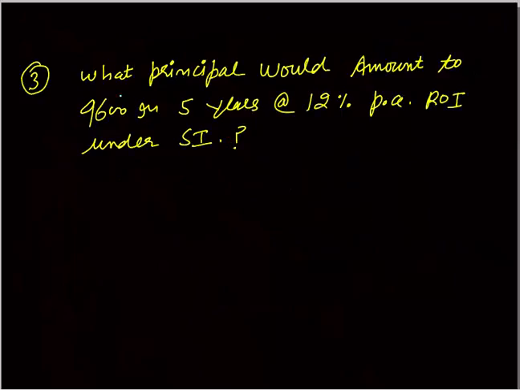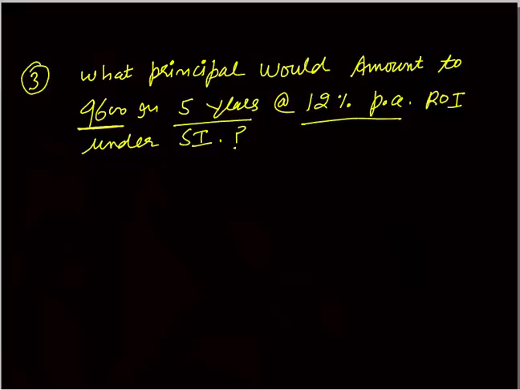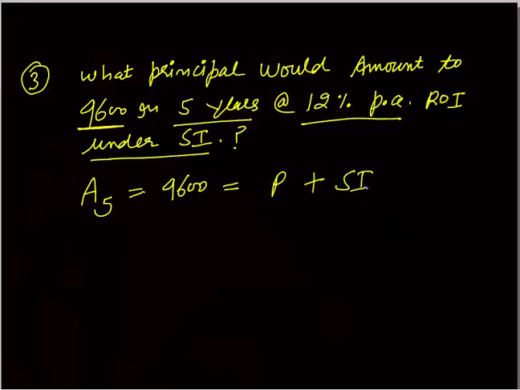The next question is, what principal would amount to 9,600 in 5 years? Rate of interest is 12% per annum under simple interest. We know that amount after 5 years, A5, is 9,600. This is equal to principal plus simple interest of 5 years. What is simple interest of 5 years?